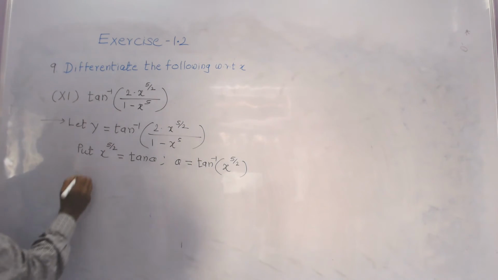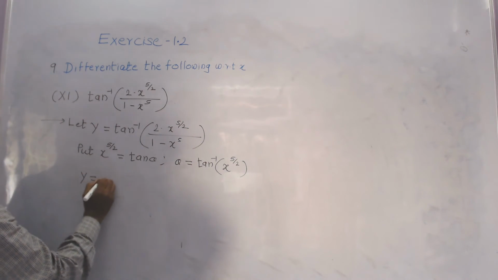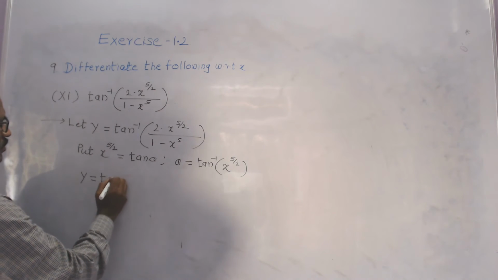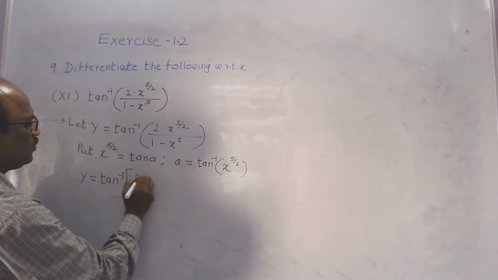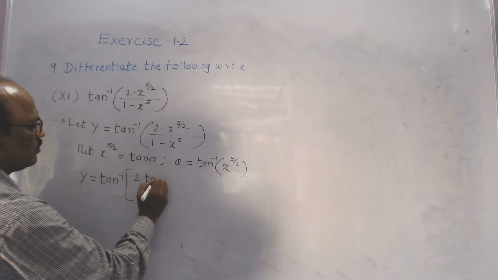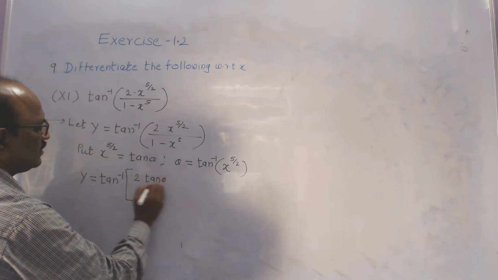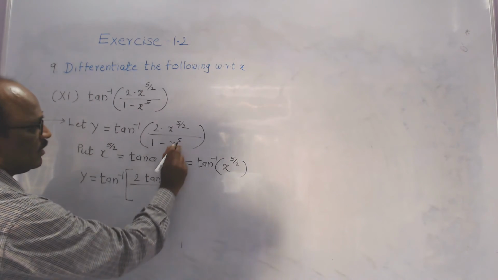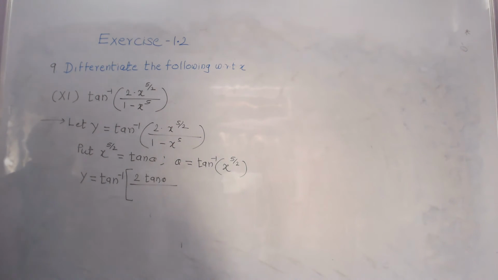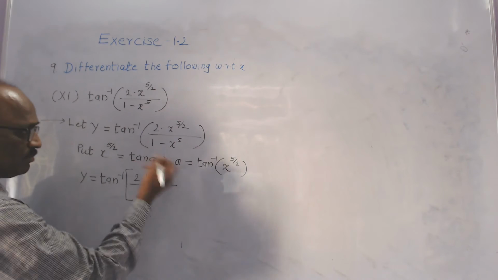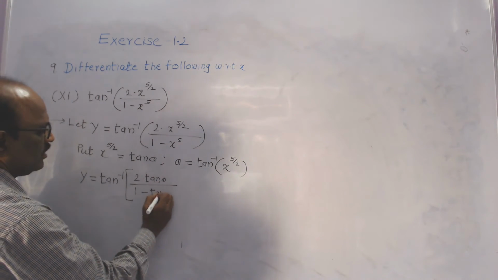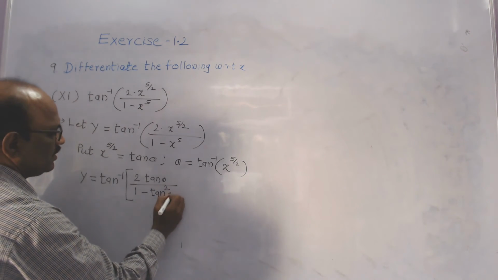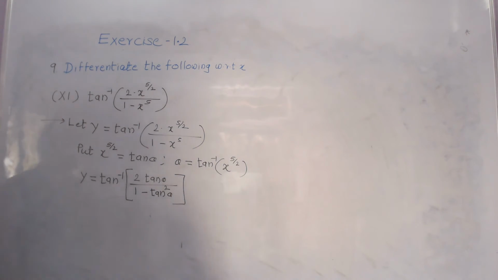Okay, and therefore here y is equals to tan inverse of, in bracket, 2 tan theta upon, here x raised to 5 means what? It's (x raised to 5 by 2) bracket square, and here that is 1 minus tan square theta.